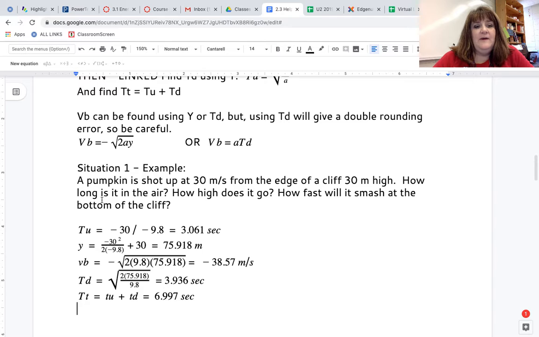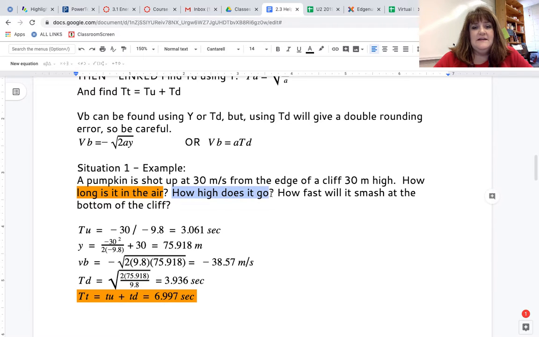All right, so how long is it in the air? This first question here, color code some things, is this answer, the total time of 6.997 seconds.